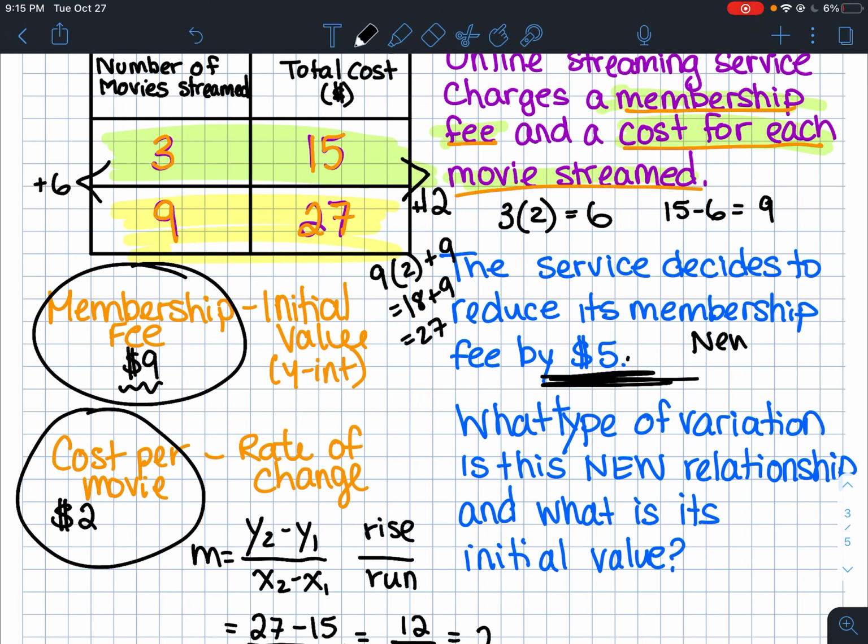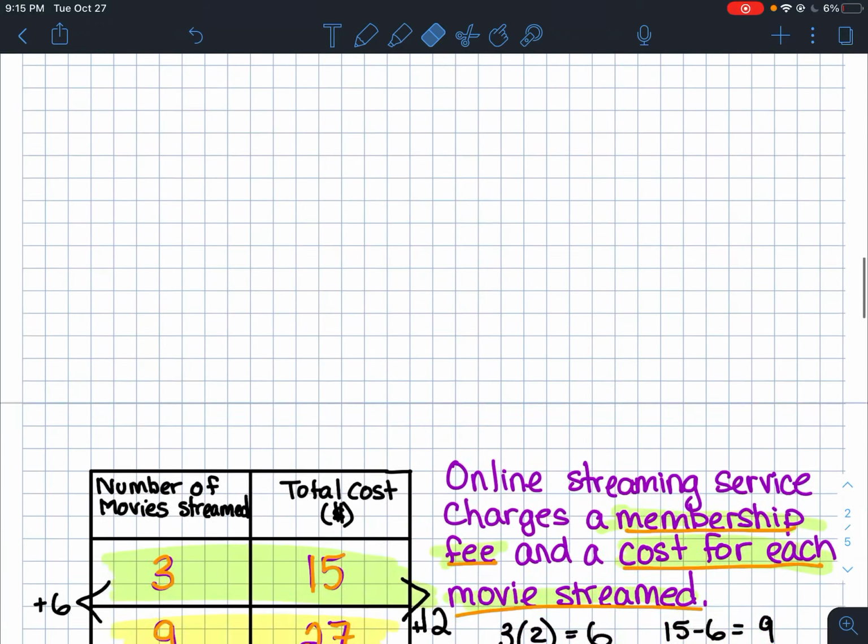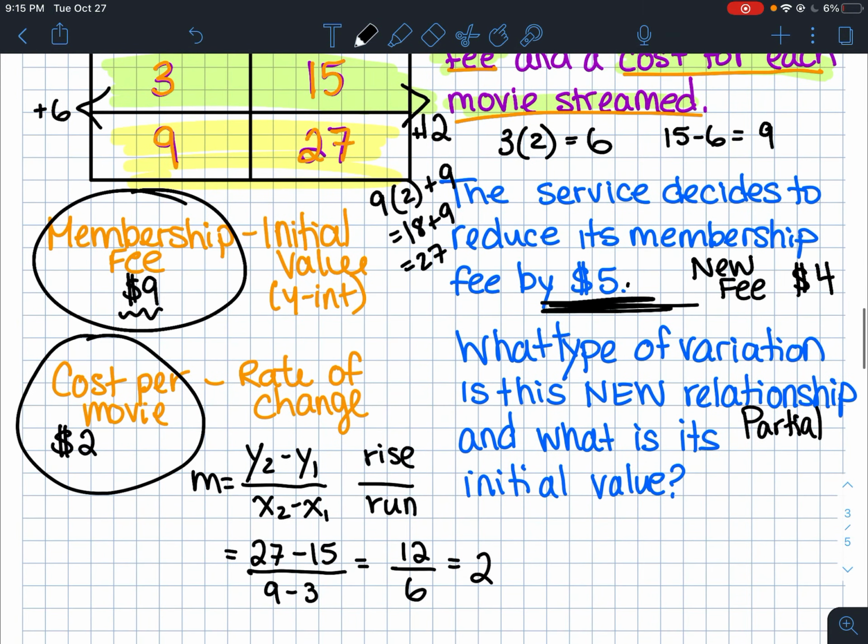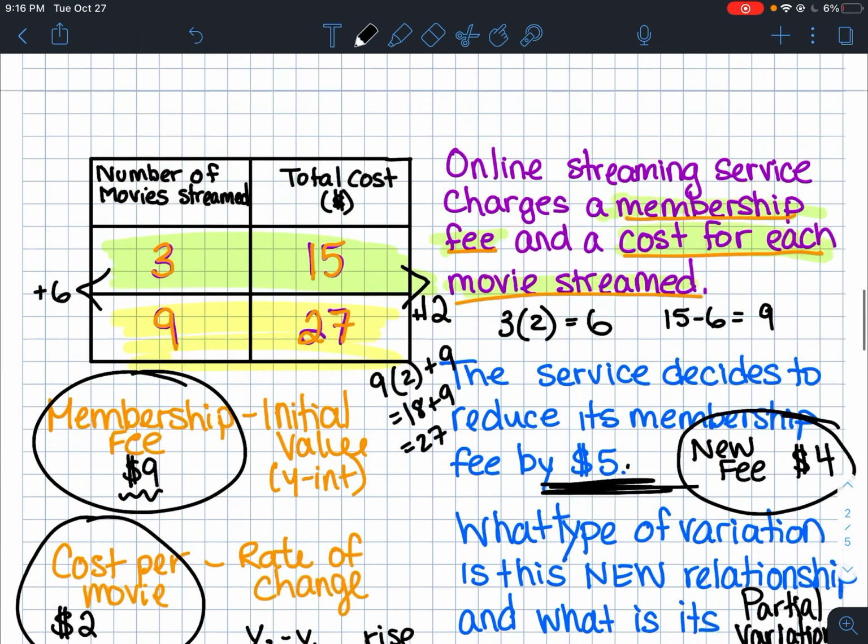So the new membership fee will actually be $4. And the new relationship will still be a partial variation relationship because there is an initial value that's not 0. It's still partial variation because the initial value is not 0. And the new membership fee would be $4. All right, so there you go.